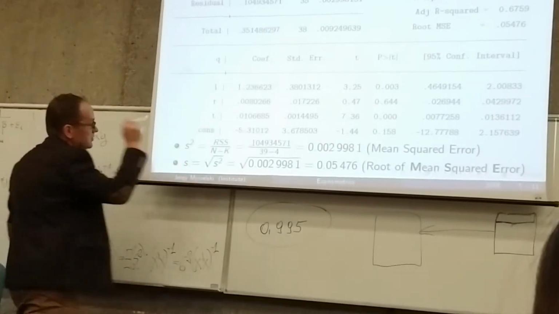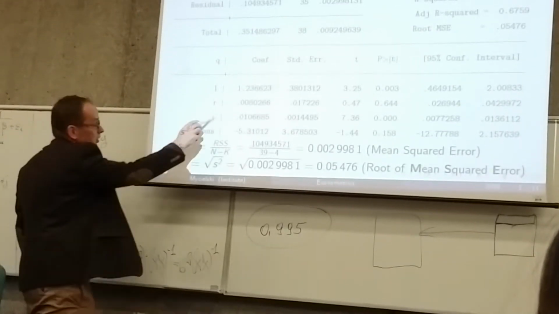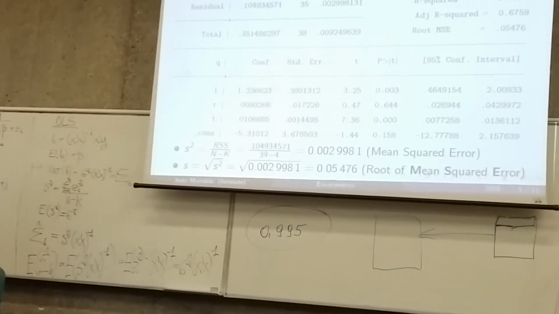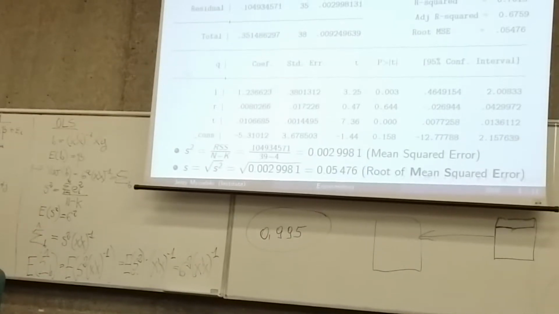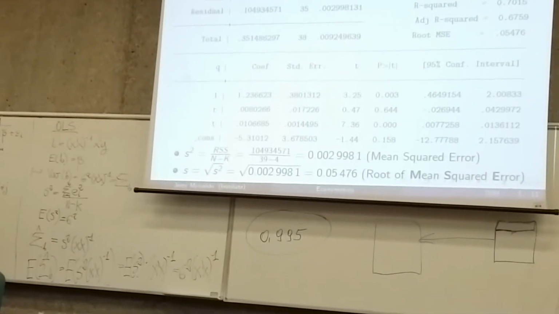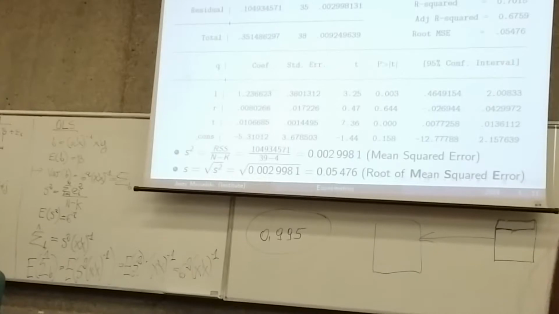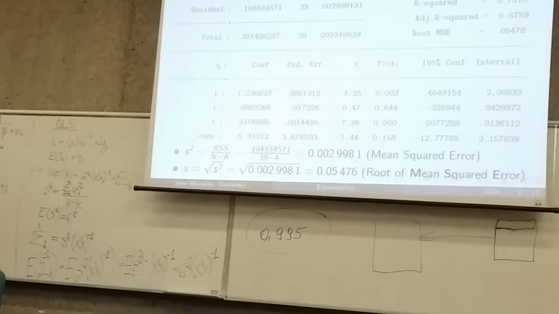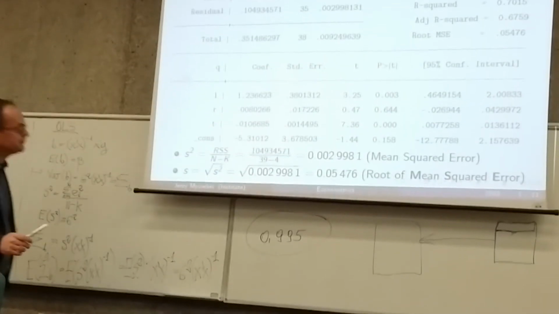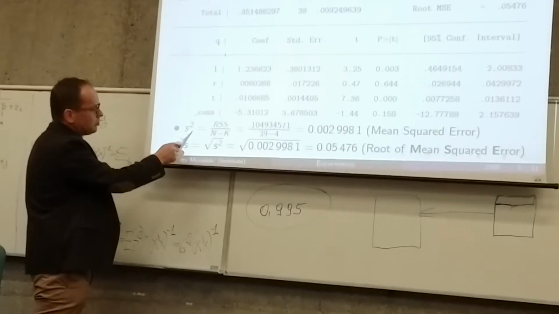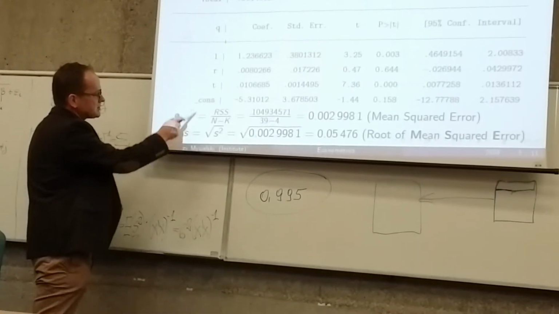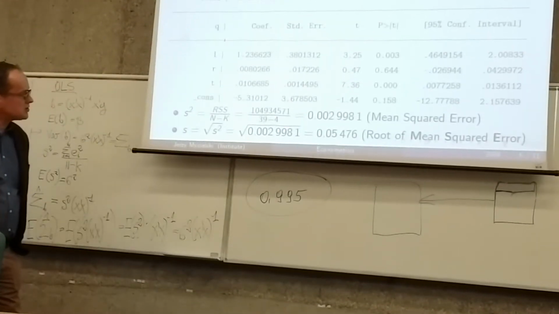R is the interest rate, and T is the time trend, so basically the variable which is taking the value 1, 2, 3, 4, and so on.